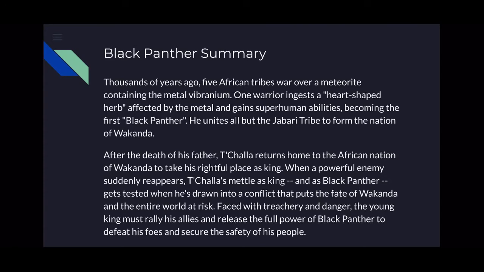So the King T'Challa gets tested and is drawn into a conflict that puts the fate of Wakanda and the entire world at risk. Faced with treachery and danger, the young king must rally his allies, the surrounding tribes, to release the full power of Black Panther to defeat his foes and secure the safety of his people.